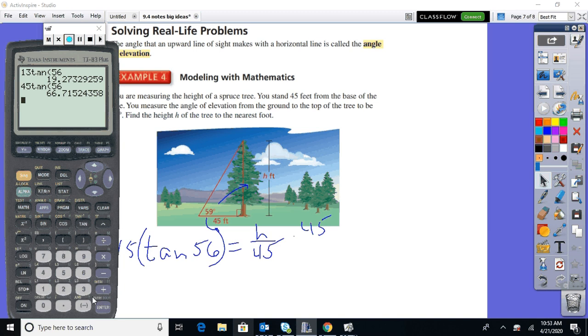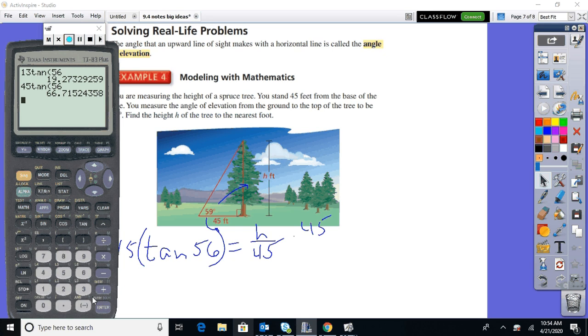And there we go. It wants me to round to the nearest foot. Okay, we can do that. Let's see, 45, 59. Oh, it's 59. My fault, guys. Let me back it up.